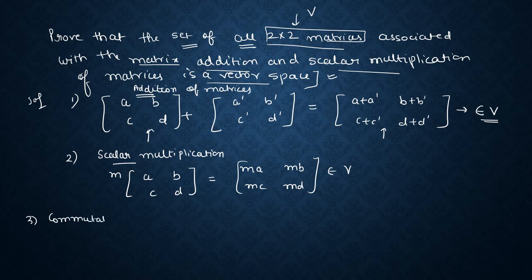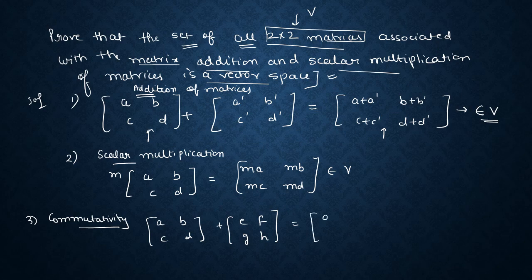In commutativity, what do we prove? Let's say we have one matrix A, B, C, D and another one E, F, G, H. If we add them, the resultant will be A plus E, B plus F, C plus G, D plus H. But we can write it like E plus A, F plus B as well, and similarly C plus G, because in addition order doesn't matter.